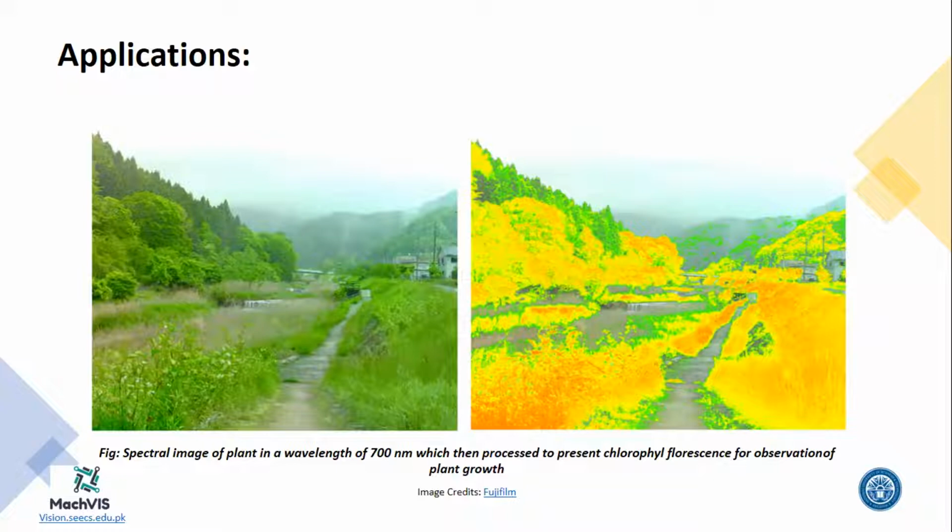It looks green. But this particular band, when combined with some other bands and visualized, says the original real story. It's not green. It's drying out. And you can easily estimate the stress, and when you estimate the stress, you can take precautionary measures.